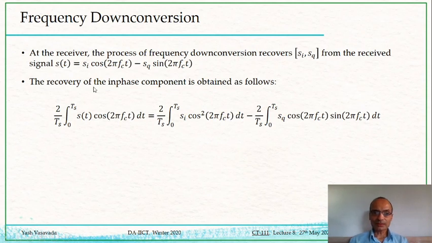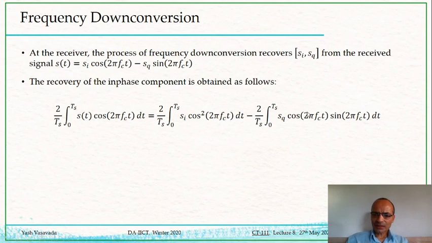Let us prove that. So what I will do is I will substitute S of t, which is this expression, in this equation. And so this expression becomes this equation here. Si times cos square 2 pi f ct, which is this part, times this, minus sq times cosine of 2 pi f ct and sine of 2 pi f ct, which is this part.